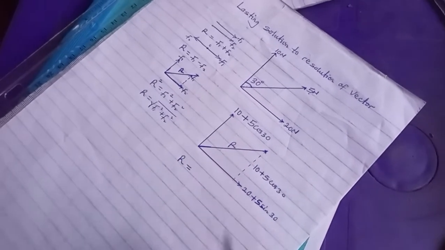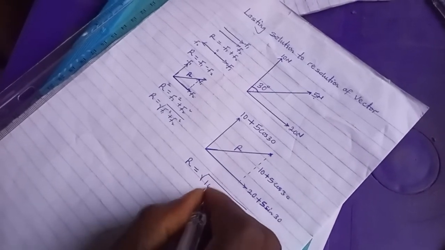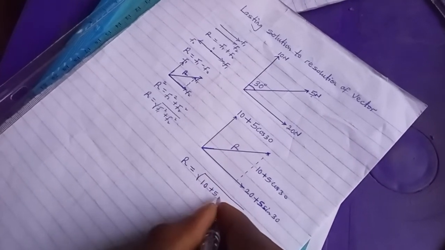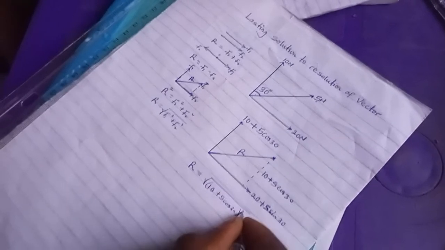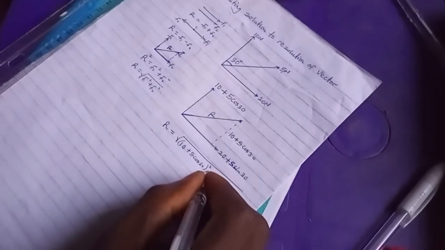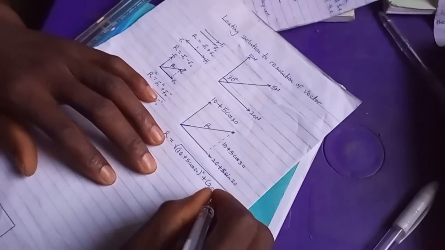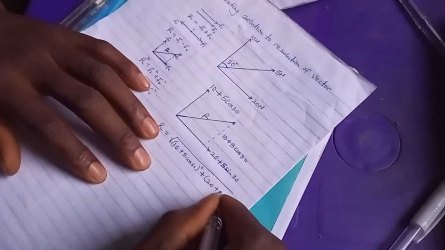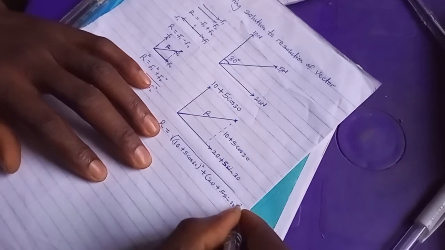R will be equal to the square root of (10 plus 5 cos 30) everything squared, plus (20 plus 5 sine 30) everything squared.